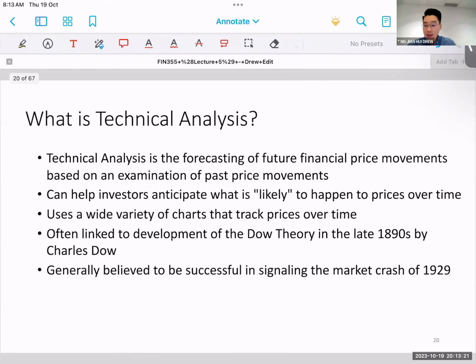All right, so I think now is a good time to take a break. Let's say a 10 minutes break, and we'll come back at 8:23, if that's okay, before we go on to technical analysis. So at this point, we are completely done with your valuation methods.